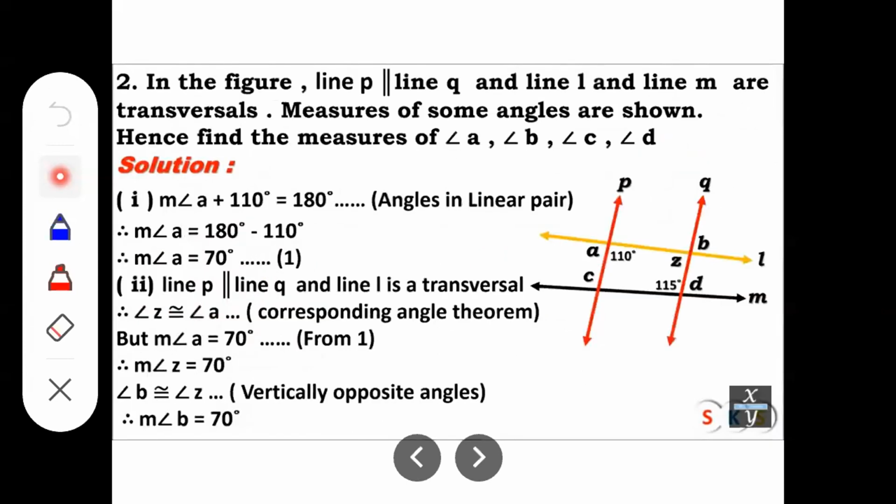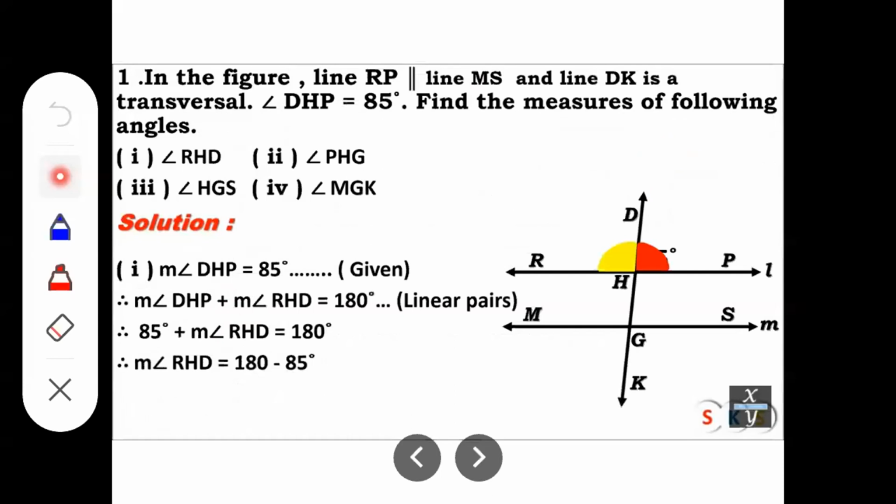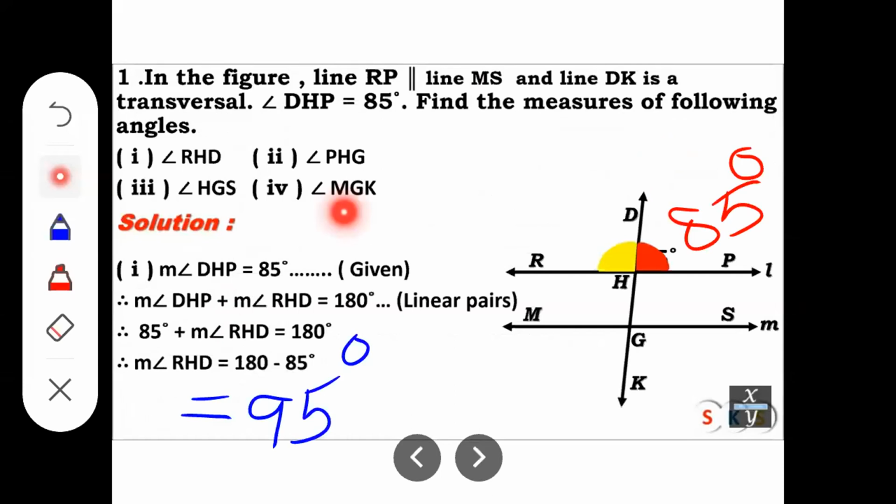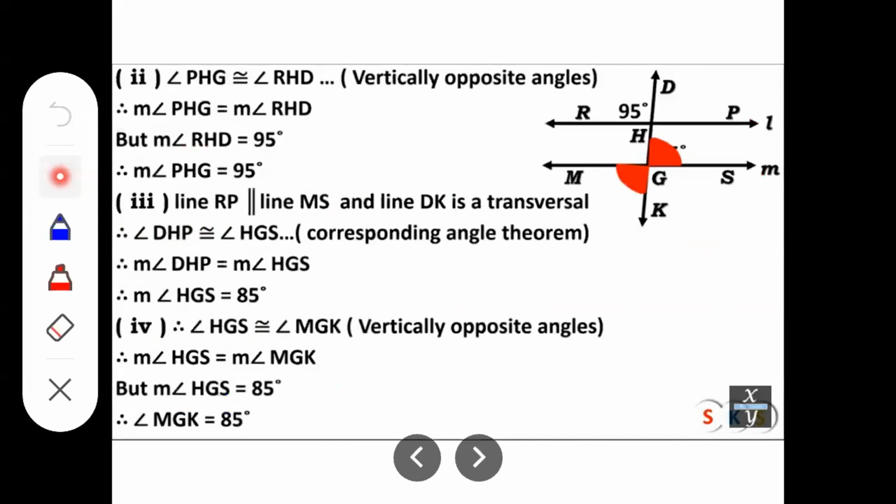Now the last angle. We have to find the measurement of MGK. Okay, angle MGK. Now see in the diagram, again very easy. Those two similar angles, the angles marked in the same color, are vertically opposite angles, and vertically opposite angles are congruent with equal measurement.